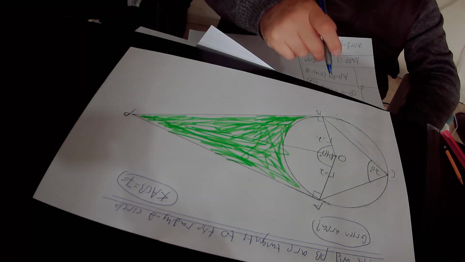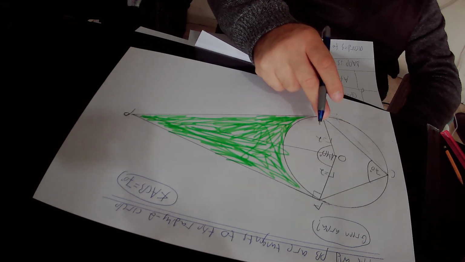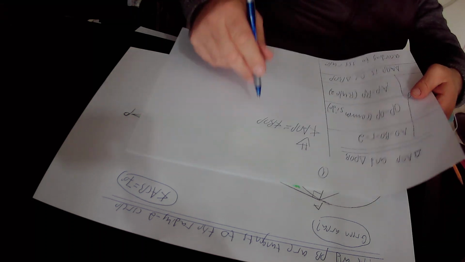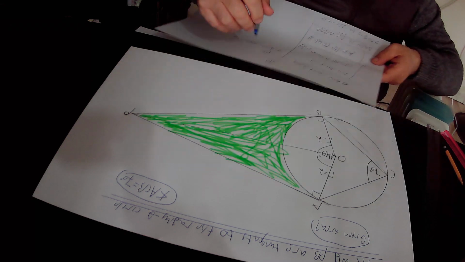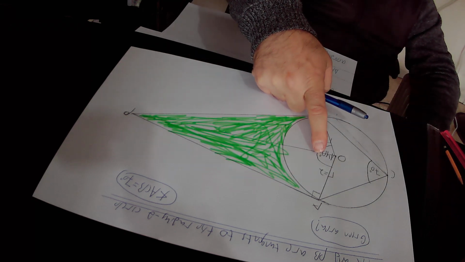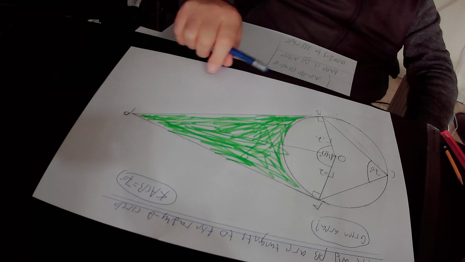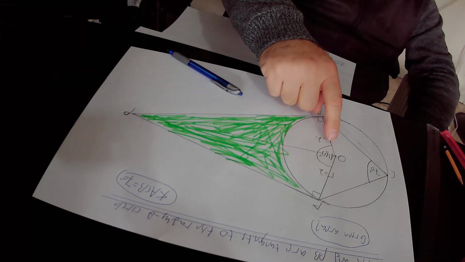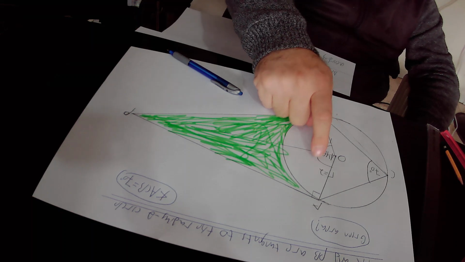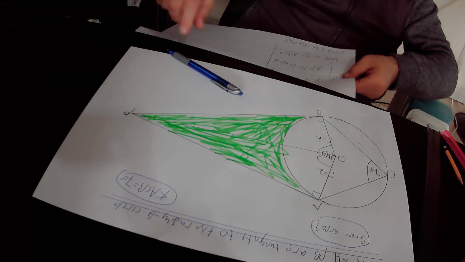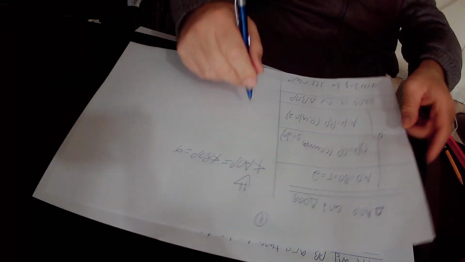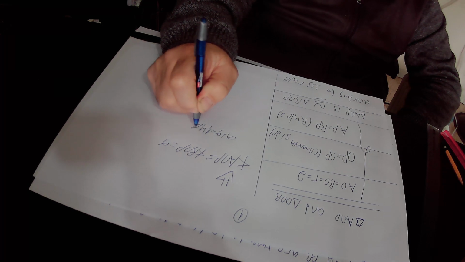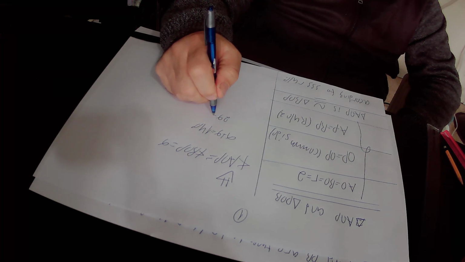If we define one of those two equal angles as alpha, then the other angle must also equal alpha because they are equal to each other. And alpha plus alpha equals this angle, that is 140 degrees. So I write it down: alpha plus alpha equals 140 degrees, so 2 alpha equals 140 degrees.